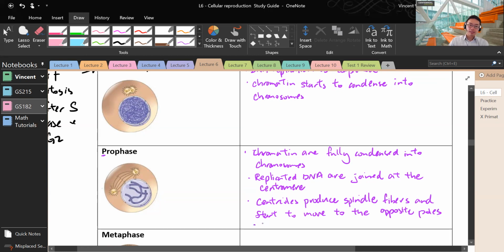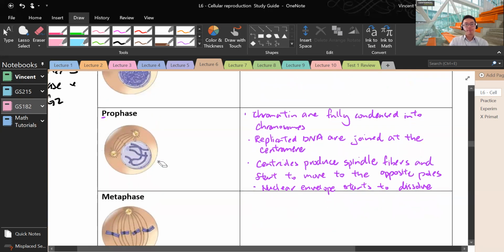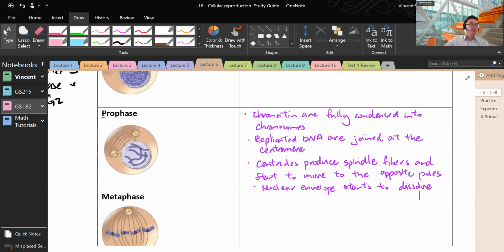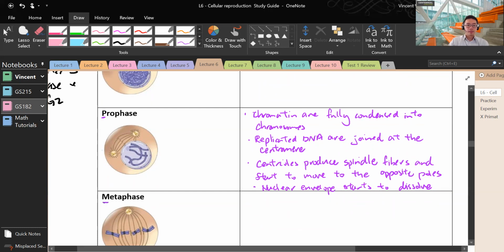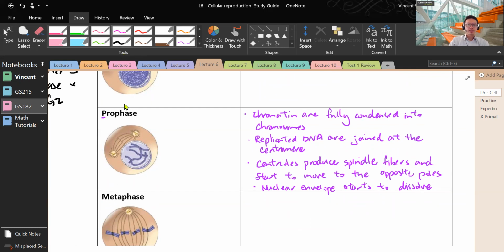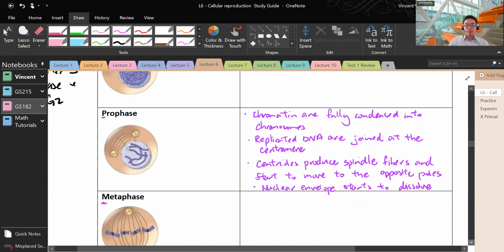And finally, nuclear envelope starts to dissolve. Okay, so the chromosomes can come out, right? When all that is done, we're going to move on to metaphase.